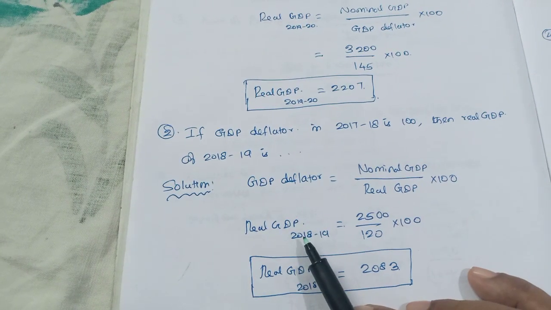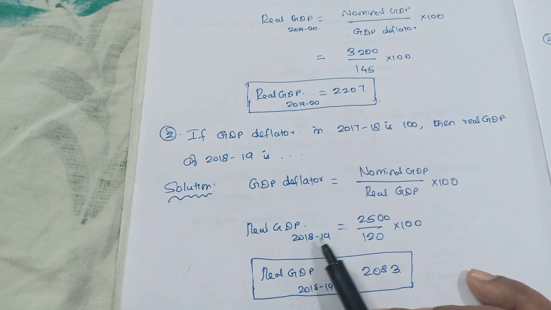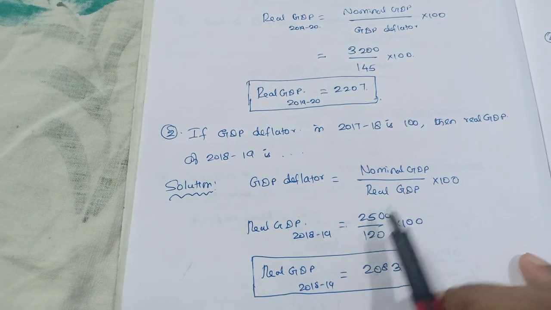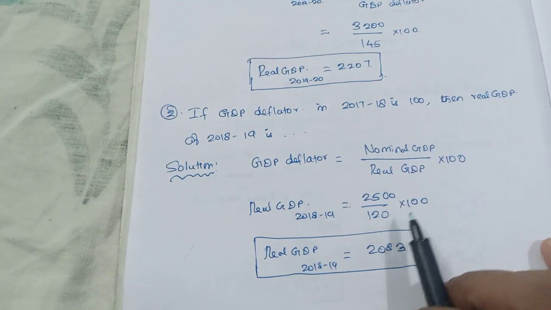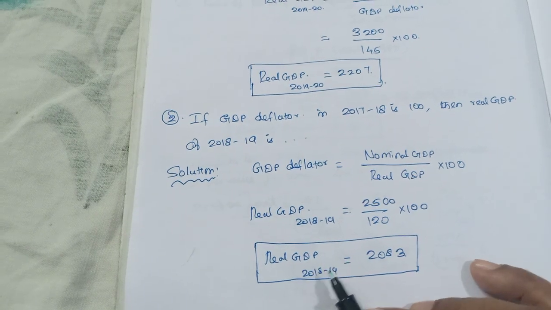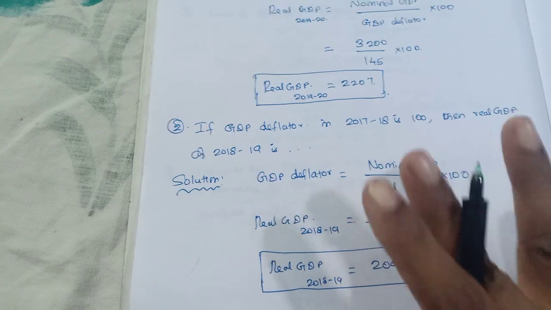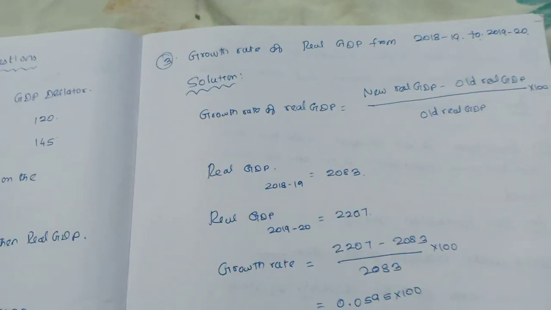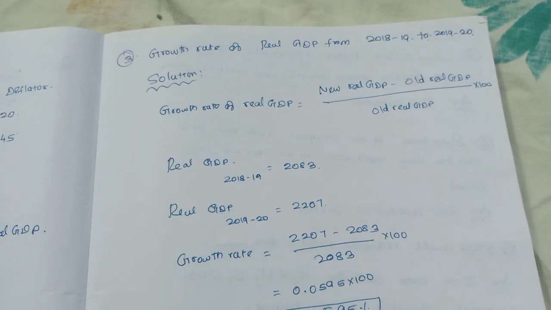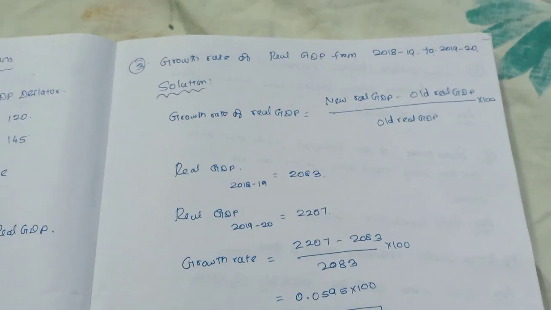So real GDP for the year 18 to 19 is nominal GDP 2500 divided by GDP deflator 120 into 100. So real GDP for the year 2018 to 19 is 2083. This is our solution.